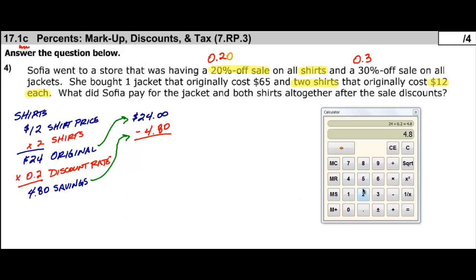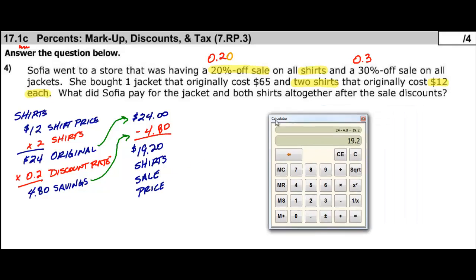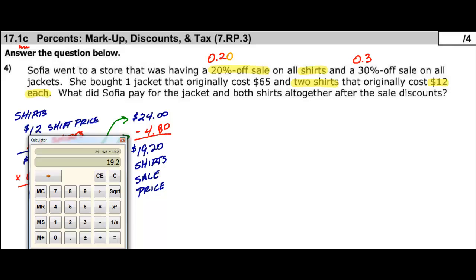And when I do that, $24 minus $4.80 should be $19.20. Yep, there it is. $19.20 is the shirt's sale price.